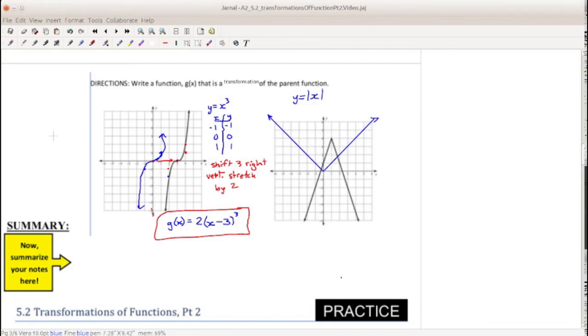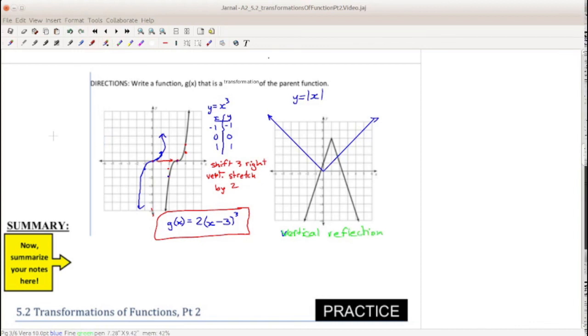So let's think about what's happened to this function. One of the things that may be the most obvious is that it's been flipped upside down. So it should involve a negative. It has a vertical reflection to make it point downward.